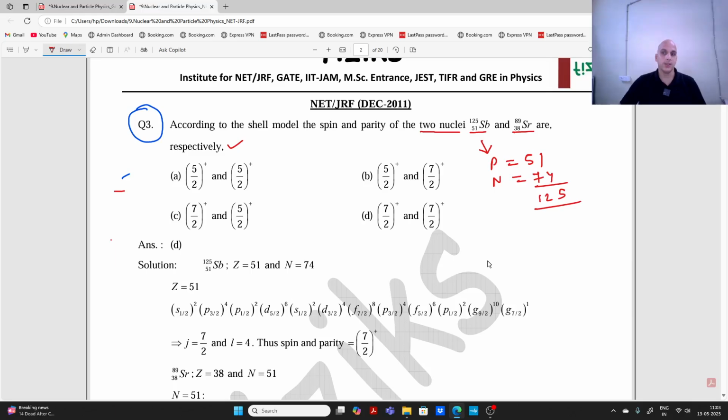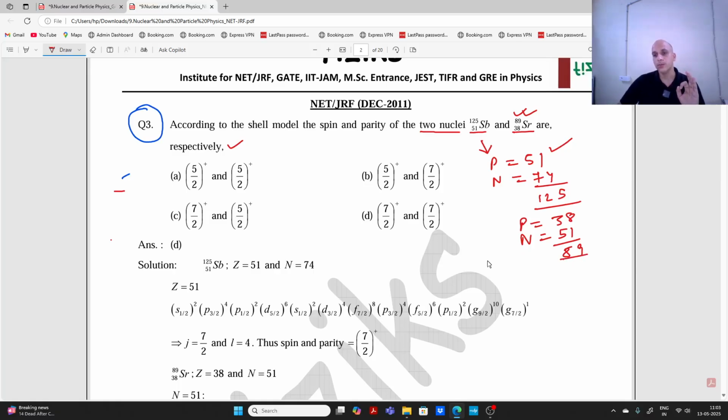So you can see here that the unpaired one is a proton. So we have to write down the configuration up to 51. Let's look at this nucleus also. In this case, the number of protons is equal to 38, but the number of neutrons is again 51.